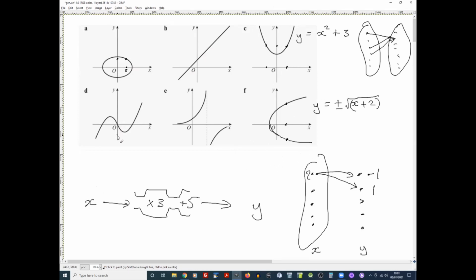Okay. This one, probably a cubic, isn't it? Yeah, I reckon so. One to many. No, wait. No, one to many could work, I think. No, I don't think so. The way it's going, any one input is not going to many outputs.